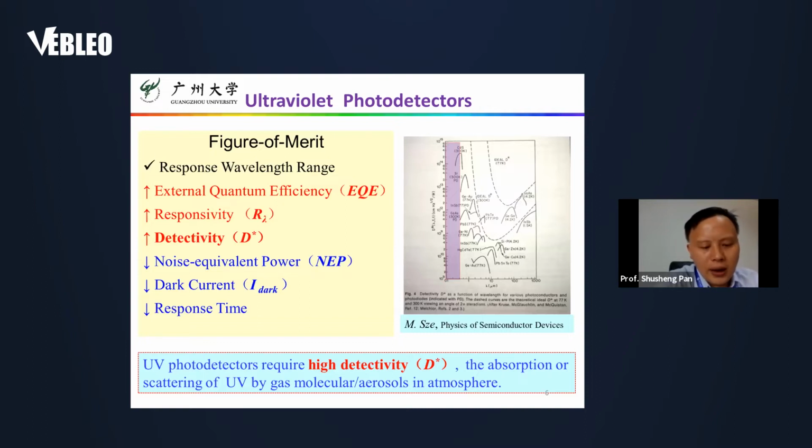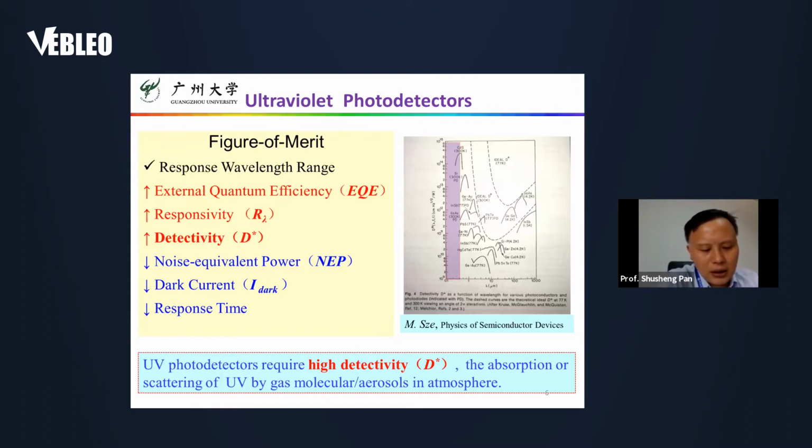For an ideal photodetector, the figures of merit include an appropriate response wavelength range, high external quantum efficiency, high responsivity, high detectivity, low NEP, no dark current, and short response time.